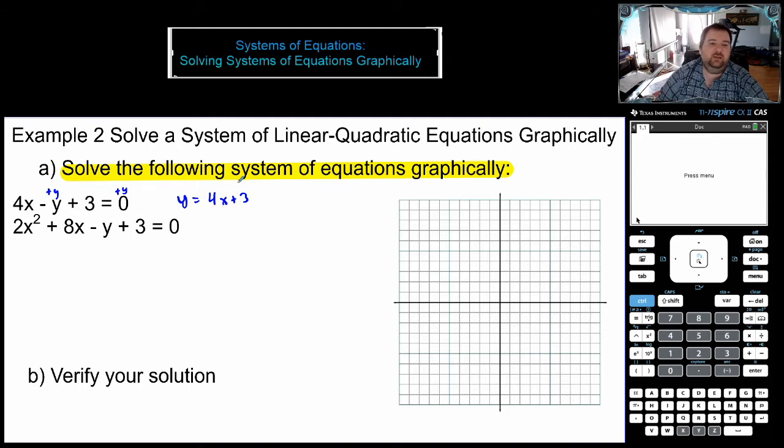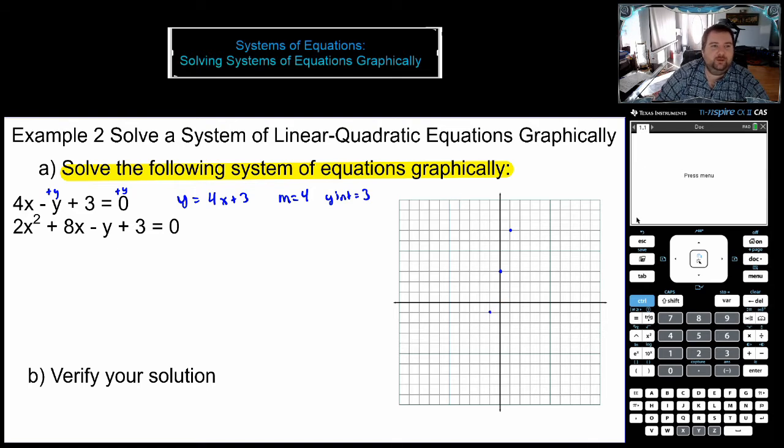This is in slope-intercept form. This is a line where the slope is 4 and the y-intercept is 3. That's really all the information I need. So here's my y-intercept, and my slope is 4, meaning it's a rise over run of 4. So rise of 4, run of 1. And rise of 4, run of 1 in the opposite direction because I'm going in the negative there.